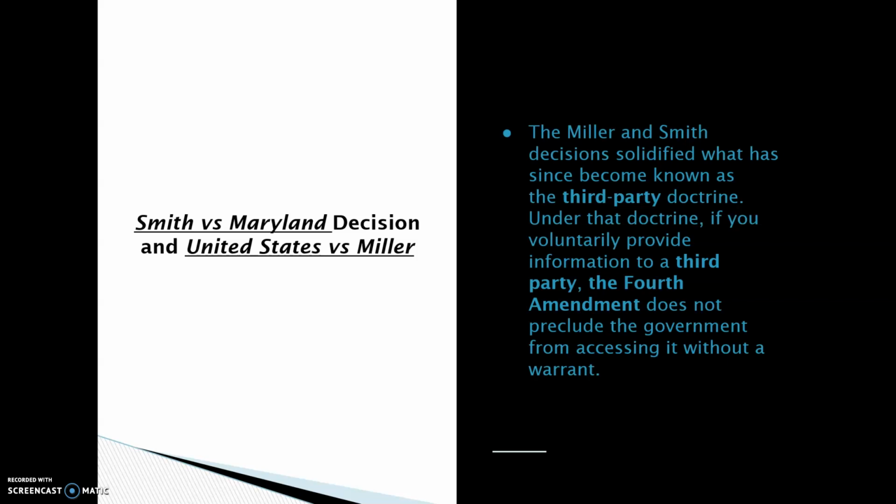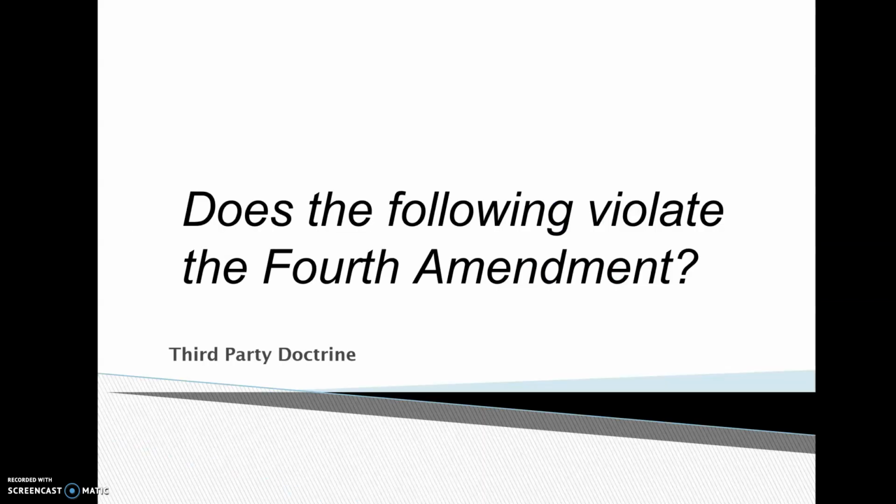And this is really important. A lot of the stuff you upload on the internet is third-party information, and it can be used against you. It can be used to find information about you, etc. So you want to make sure that you're aware of this.